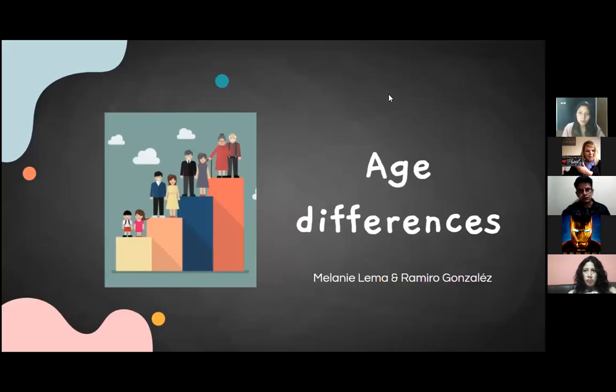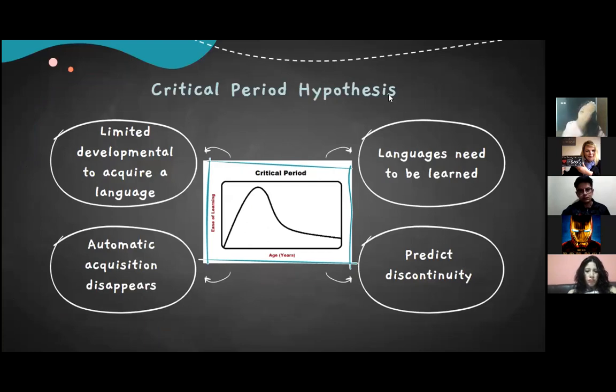Okay, we're going to talk about age differences. As we already heard, the critical period hypothesis is a limited developmental period to acquire a language. It explains that this period ends after puberty.